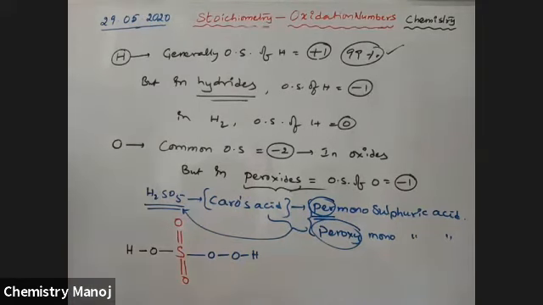This is the structure, H2, 1, 2, 3, 4, 5, H2SO5. Now, what are the oxidation states of sulfur?